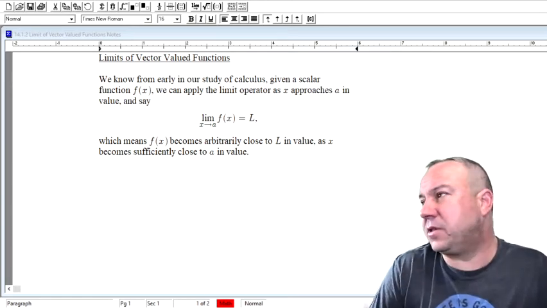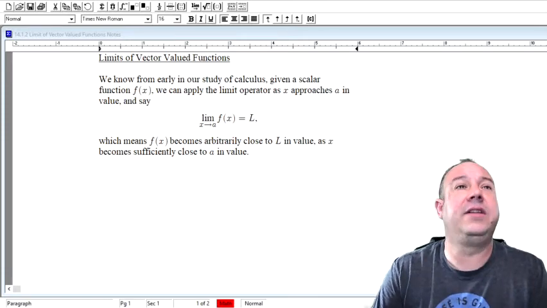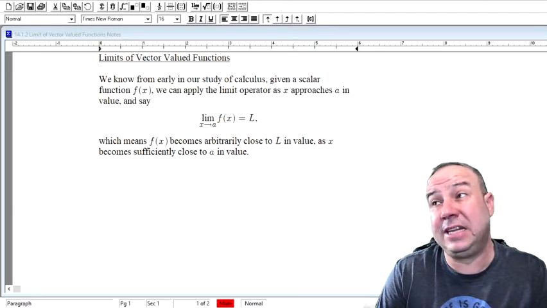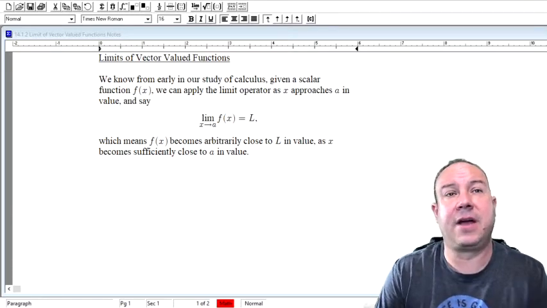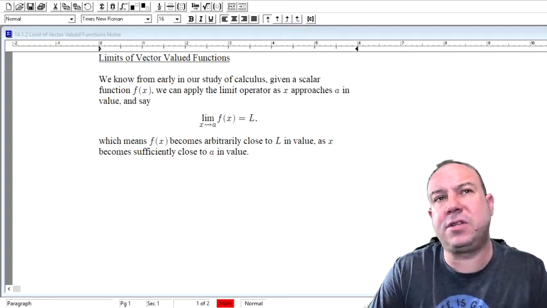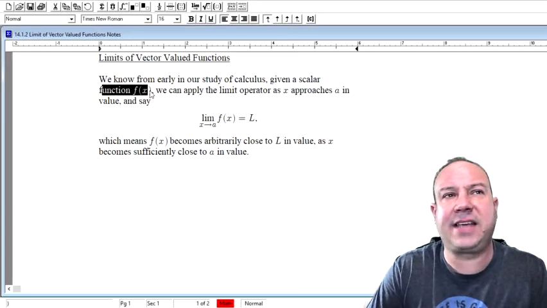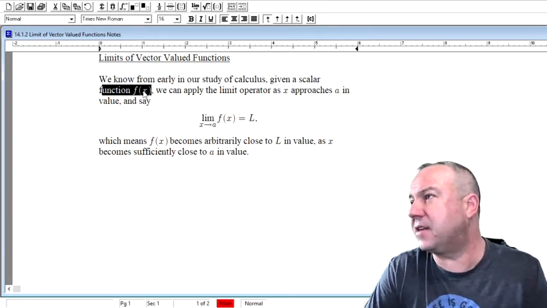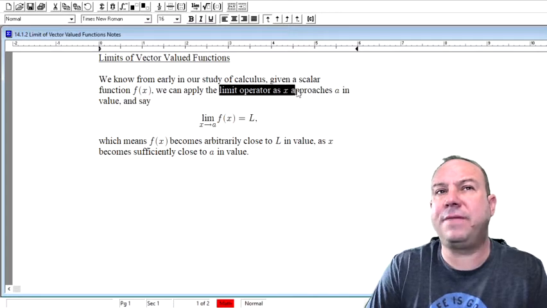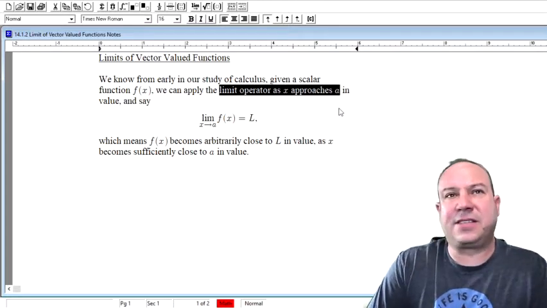We start our study by recalling our early days of calculus back in chapter 2, where we were introduced to the idea of a limit. If we had a scalar valued function f of x, we could apply to that function a limit operator as x approaches a.